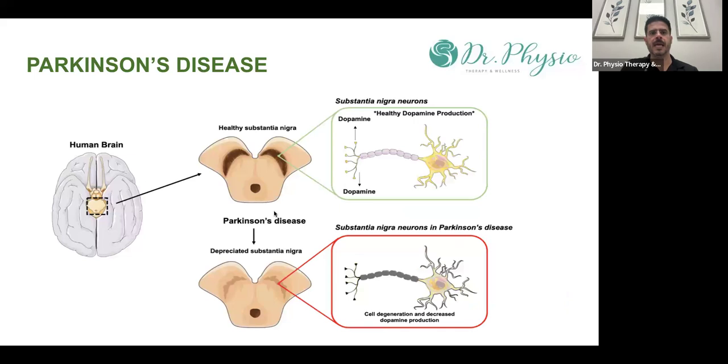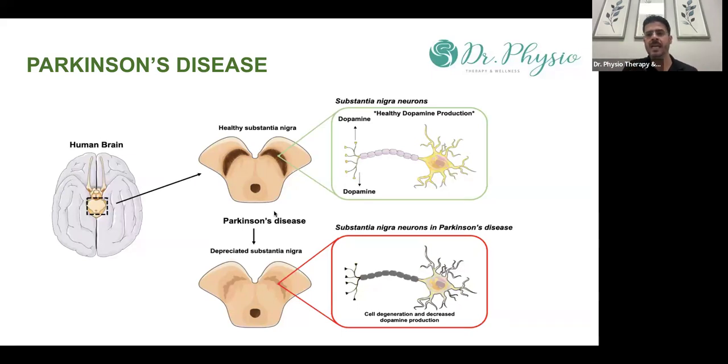This is an example here, so we can just have a picture. The upper picture on the screen shows the healthy substantia nigra. The dopamine has this aspect: when you have a healthy brain, you have this area in a dark spot. That's why it's called nigra.